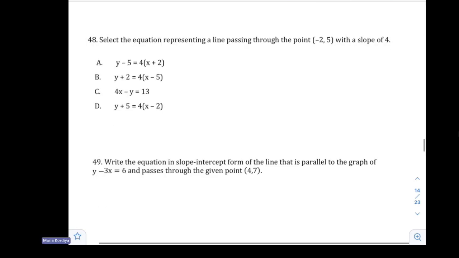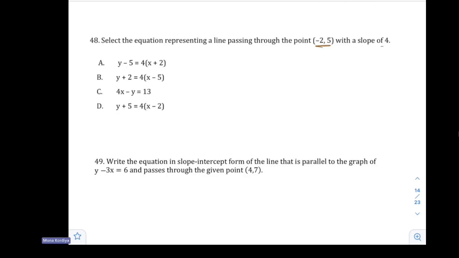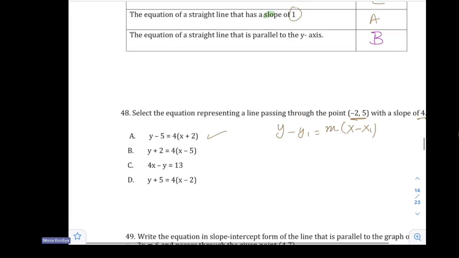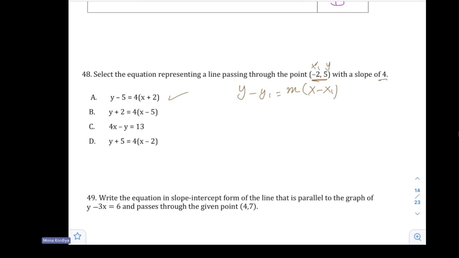Select the equation that represents a line passing through this point and the slope of 4. As you see, this equation is written in point slope form. Point slope form means y minus y1 equals m times x minus x1, where m is the slope and (x1, y1) is a point. So if you consider that this is (x1, y1), then y minus 5 is equal to the slope, which is 4, times x minus negative 2.